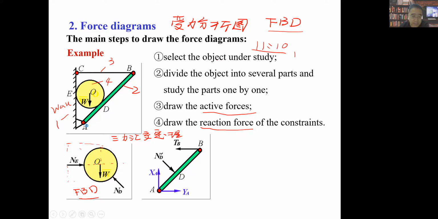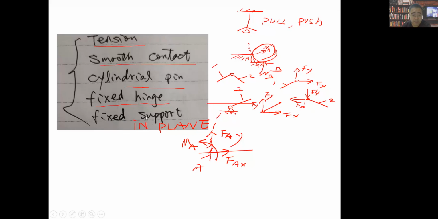And this point A is a fixed hinge, so we can draw like this. Do you remember? Last page we talked about fixed support or fixed hinge. It's the same thing, right? Fixed hinge, 叫固定铰链. So we draw that like this.